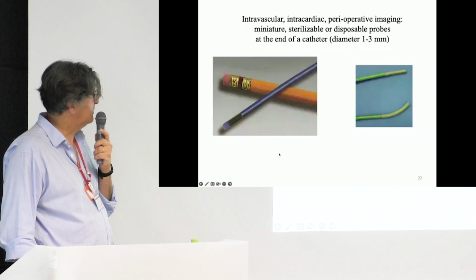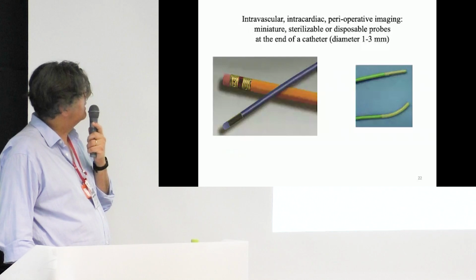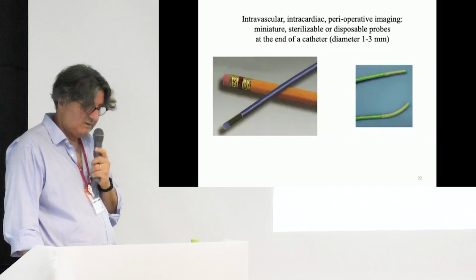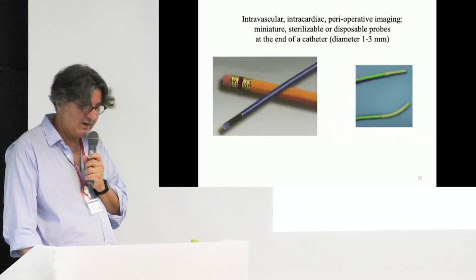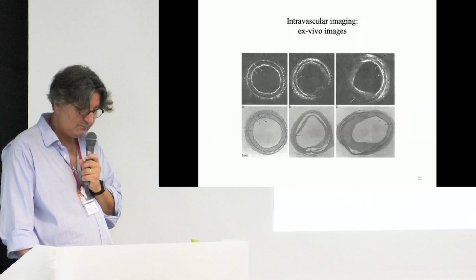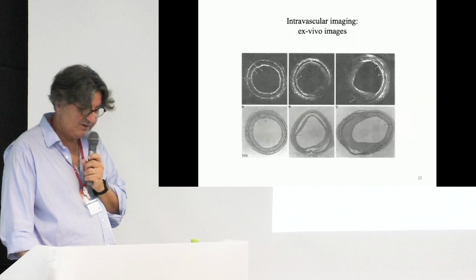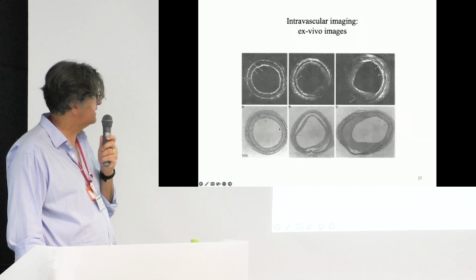There are examples of probes that have been developed for intravascular images. So this is a very nice technology. The diameter is typically 1 to 3 millimeters. Here are some comparisons with ex vivo images, and we have quite a nice response with the various layers that can be observed through the artery.